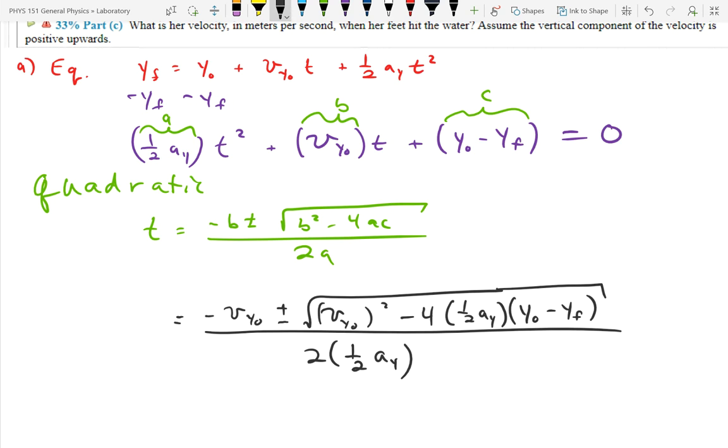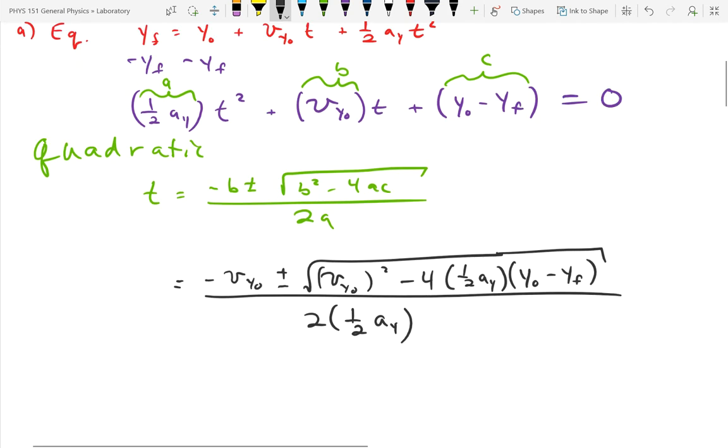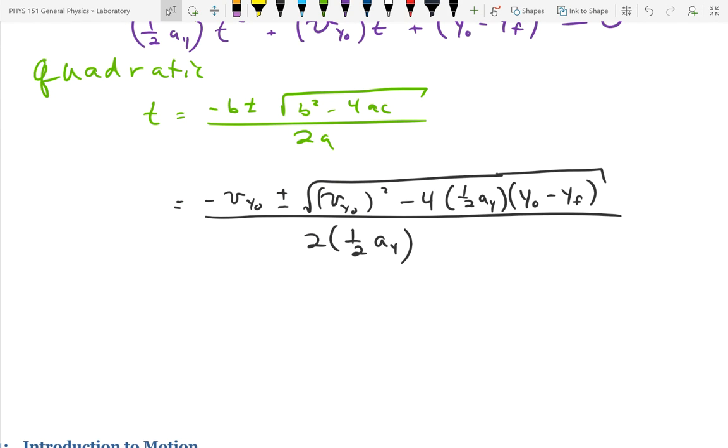Really, never ever put 2 times 1/2 in your calculator. That just wasted like 4 seconds of your life you're never getting back. You know that 2 times 1/2 is 1, right? Okay. So now I just have to put in numbers.